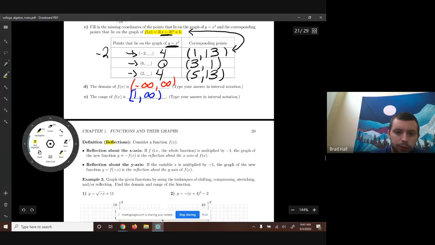So reflections. So we've talked about shifting, which is moving the graph in one of the cardinal directions, as well as compression and stretching. So how much does the graph go in or out? But we've yet to talk about reflections.